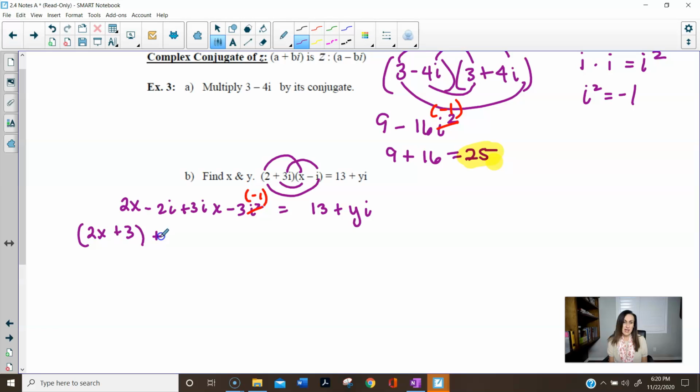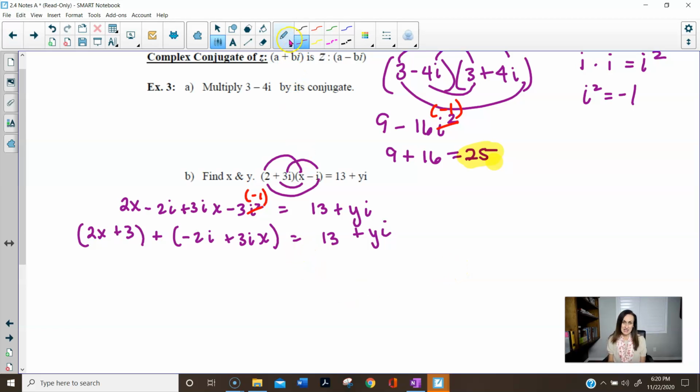And then I have plus, and now I'm going to group together my imaginary part. And my imaginary part is the negative 2i plus 3ix. So anything with i's grouped together. And that's going to equal my real part, which is 13, plus my imaginary part, which is yi.